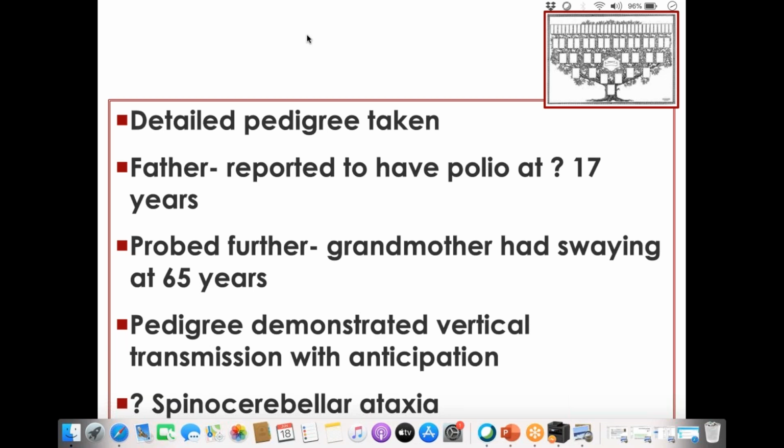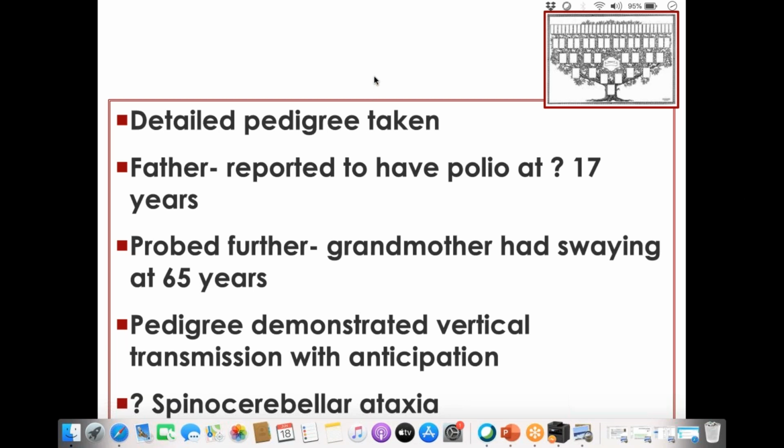You have an infant who comes to you at 9 months of life. At the age of 17 years, the father demonstrated some motor symptoms. And at the age of 65 years, the grandmother demonstrated symptoms.